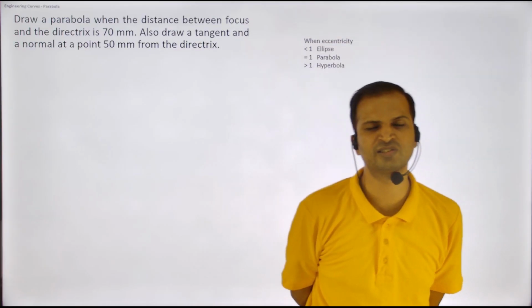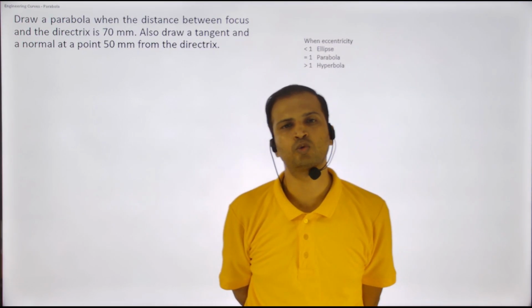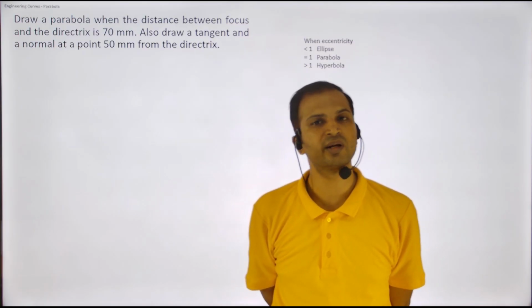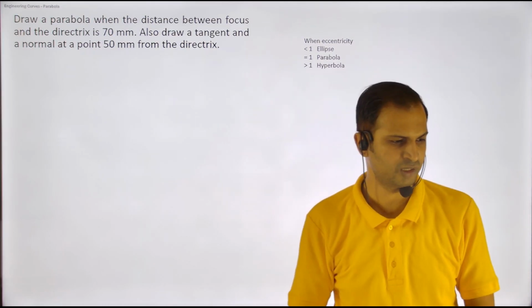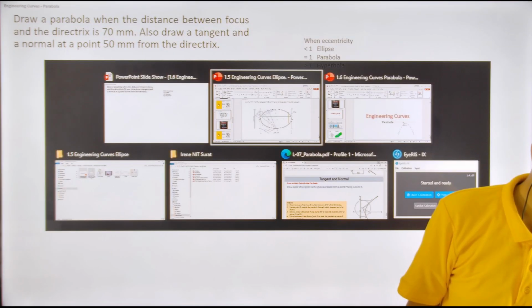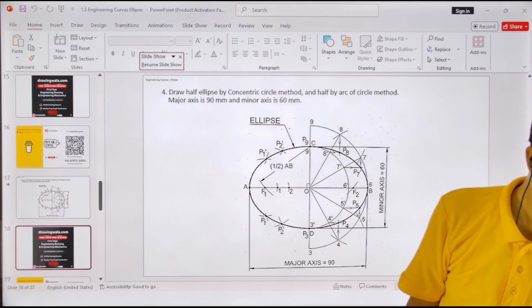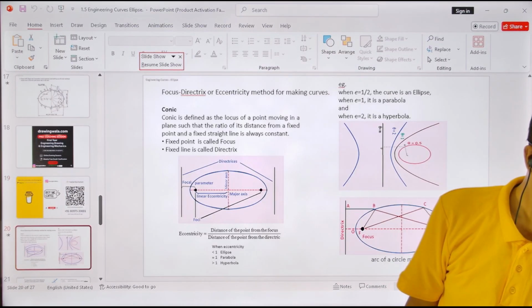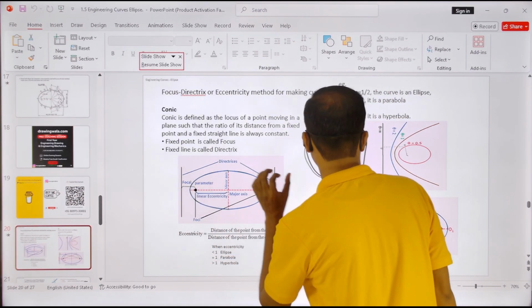Eccentricity is the ratio of the distance from the vertex to the focus upon the distance from the vertex to the directrix. We have seen that. Let us see it once again. This is the focal point. This is the directrix point.